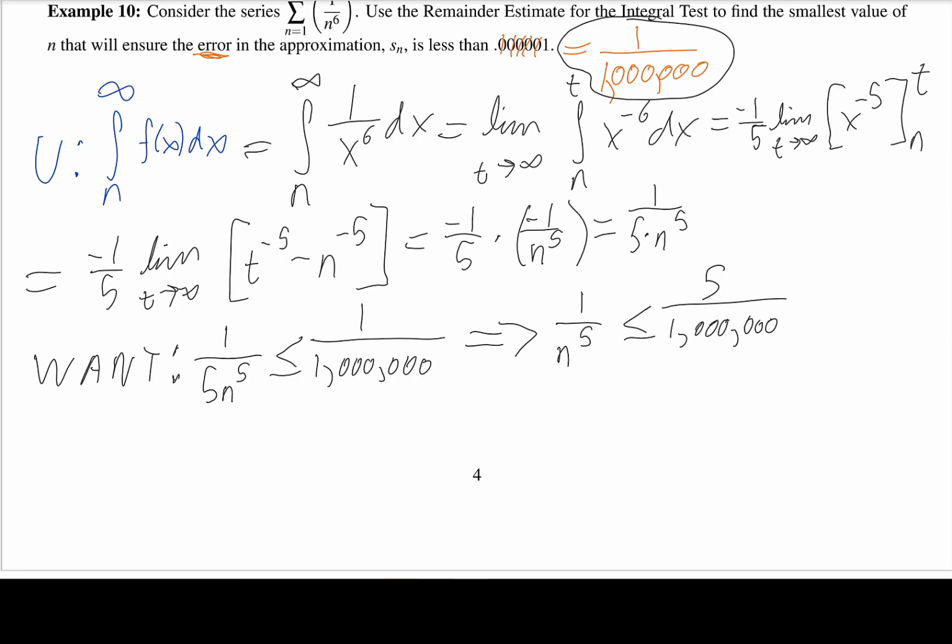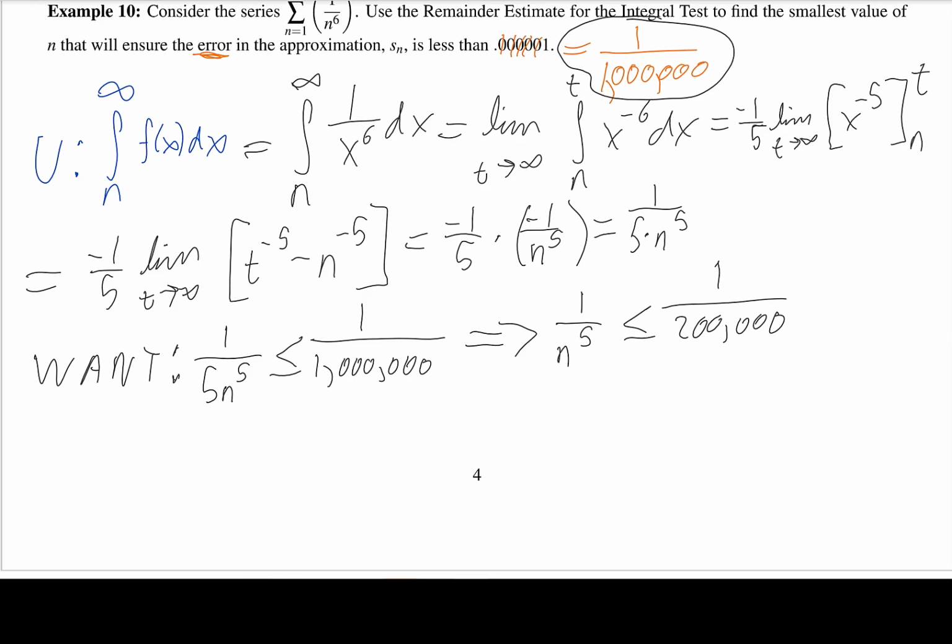This is a good time to simplify that. So this is going to turn into 1 over 200,000. Now what I'll do is flip my fractions and flip the inequality symbol.